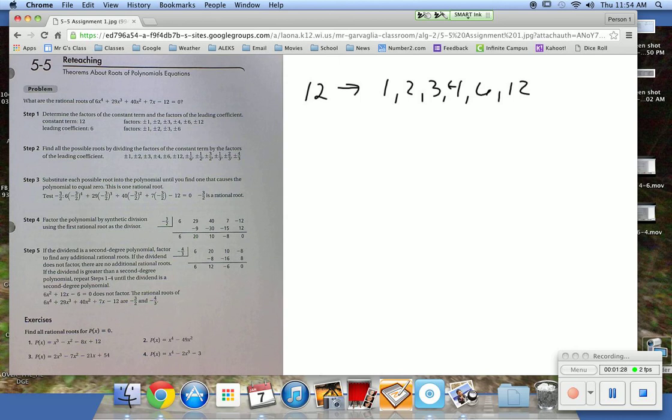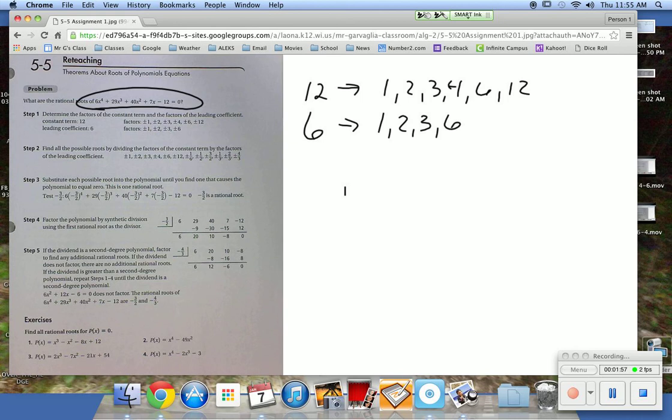So what are all the factors of 6? 1, 2, 3, and 6. Here's how we figure out what our roots are for this big long equation. We are going to put each of these over each one of these. Watch what happens.